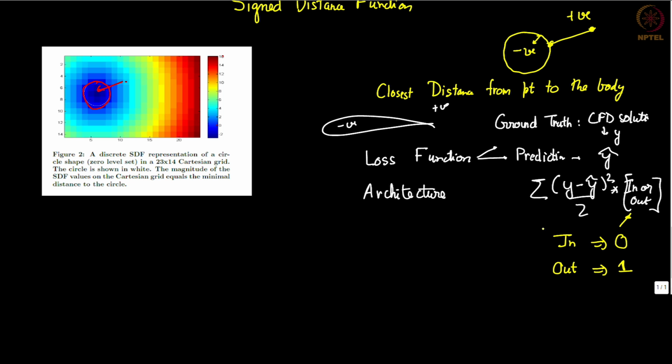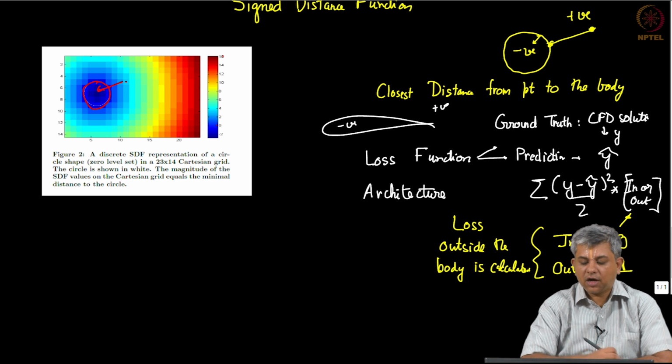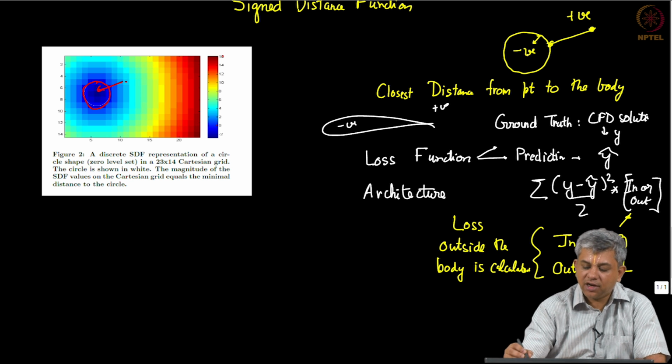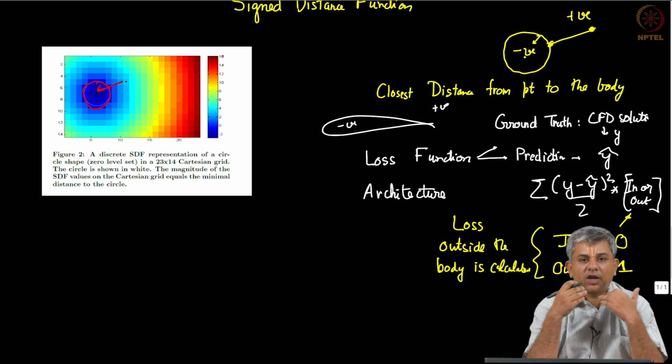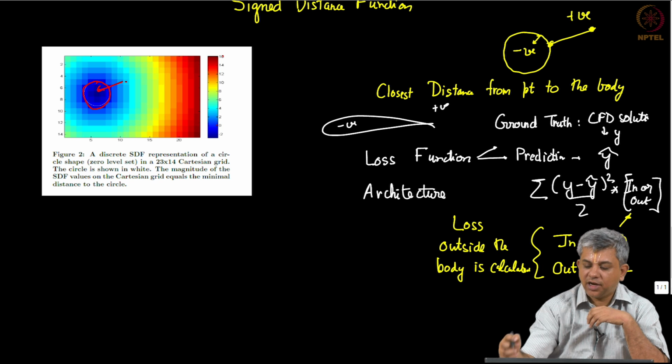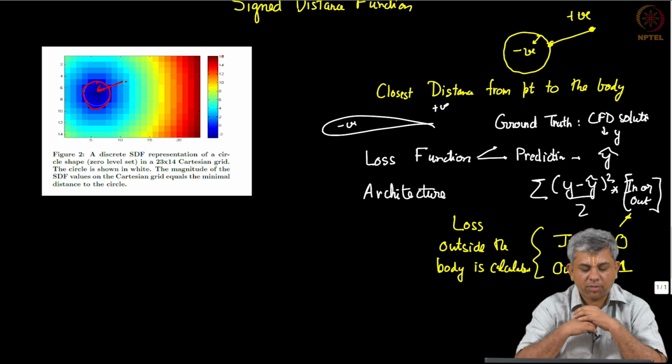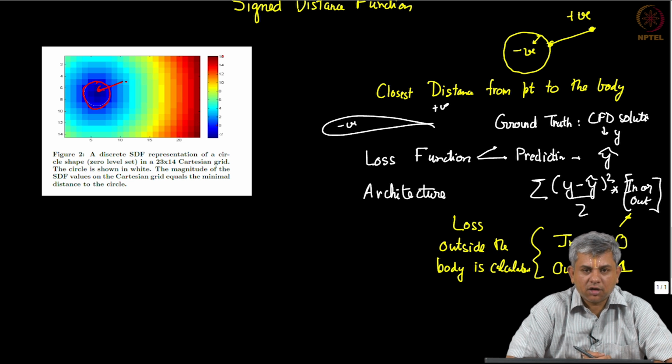So, only loss outside the body is calculated. Another way to say it is, if the sign distance function is negative, you will assume that there is no loss, and if the sign distance function is positive, you will actually calculate the loss and incorporate it into the architecture, into the algorithm.